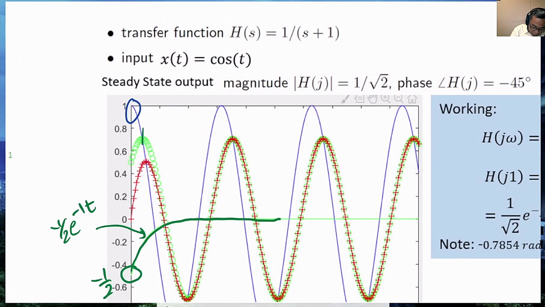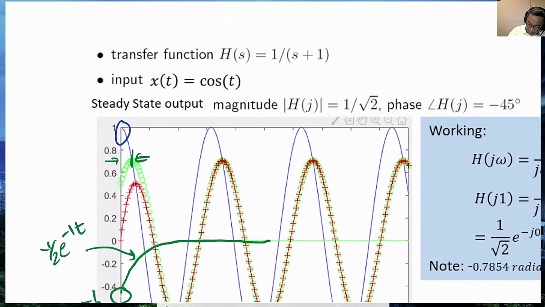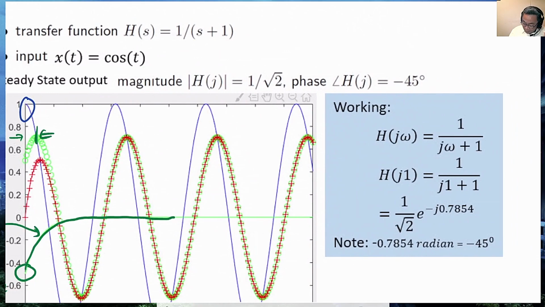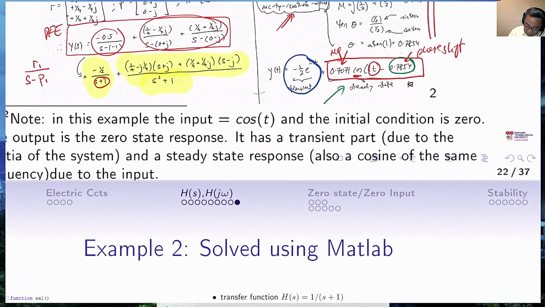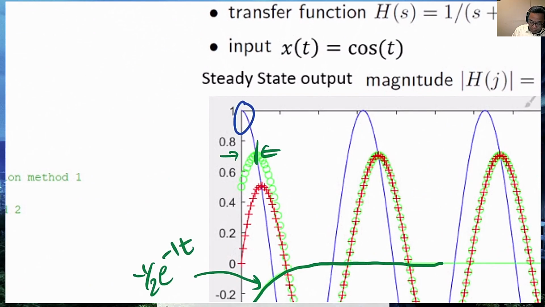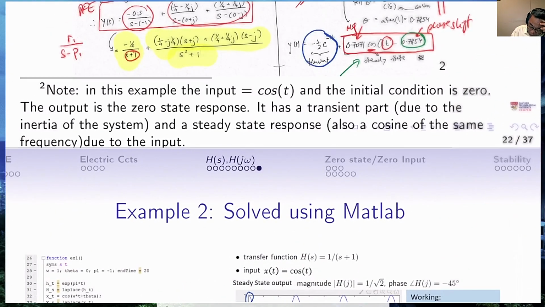Notice that it has a phase shift because the peak is here, so it's delayed by this angle. In fact, if you calculate the angle, which is minus 0.7854, that is minus 45 degrees. So you can see it here. The peak is at 0.7071.